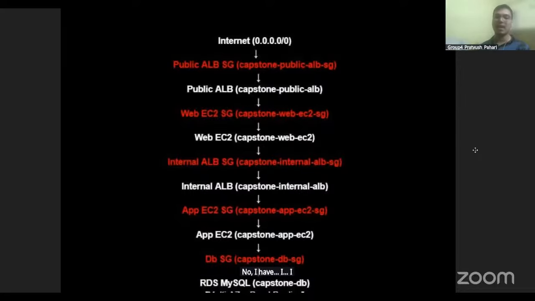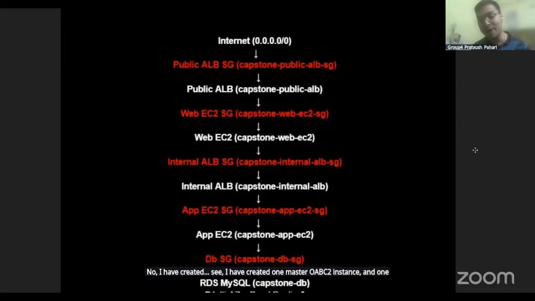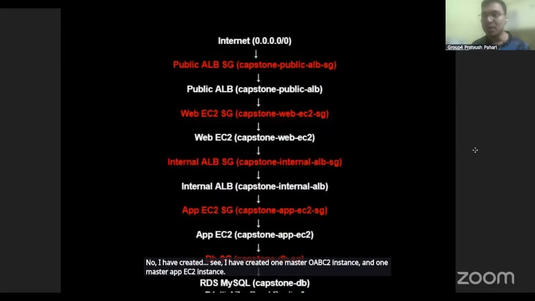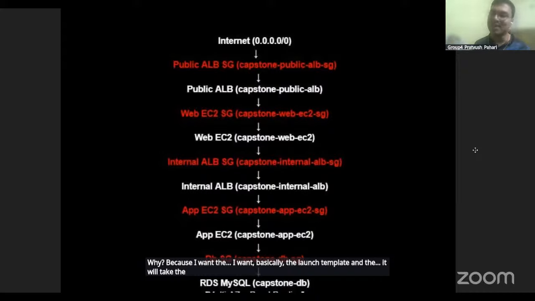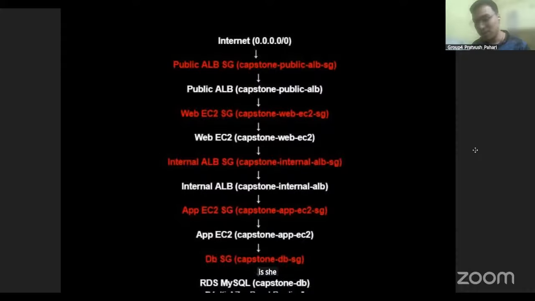I have created one master web EC2 instance and one master app EC2 instance. Why? Because I basically want the launch template, which will take the AMI from that, and give it to the ASG, the auto scaling group, so that it will configure. Our goal is to make the app highly available. So we need to give all the settings required to configure the app EC2 instance and the web EC2 instance to our ASG.